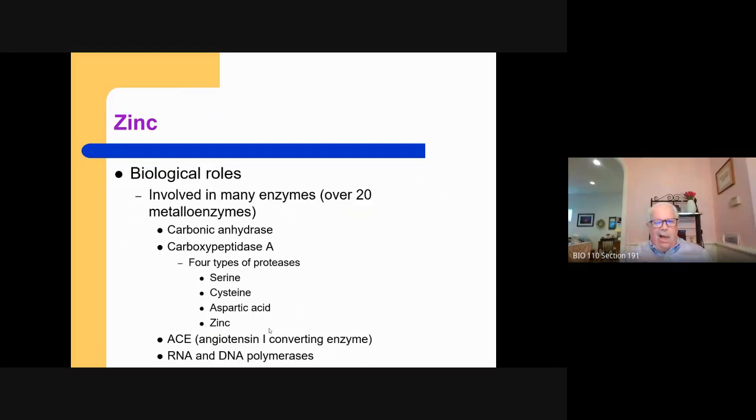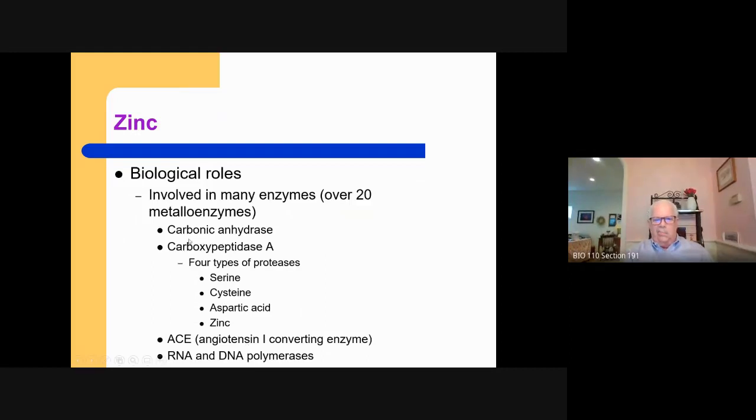Zinc. Zinc has an important role in enzymes. Look here. Here's an important enzyme, ACE. You learned about ACE, angiotensin 1 converting enzyme, because it is the enzyme that converts angiotensin 1 into angiotensin 2, causing you to have a rise in your blood pressure.